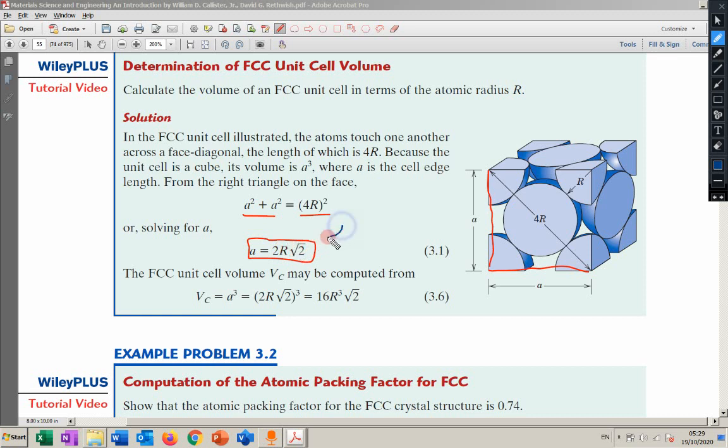You may not get this one. So there will be 2A squared is equal to 4R squared.